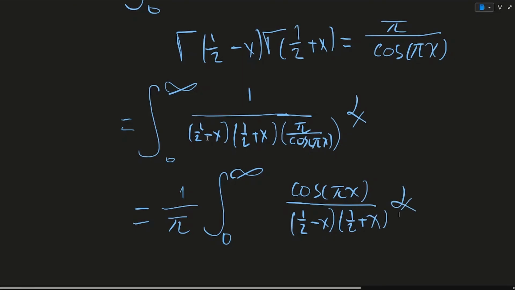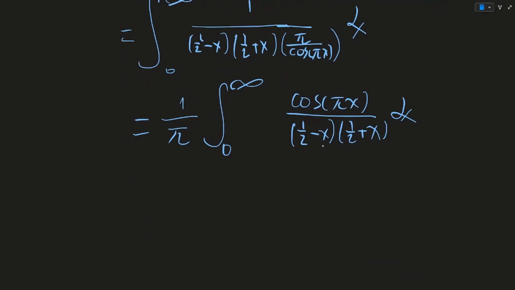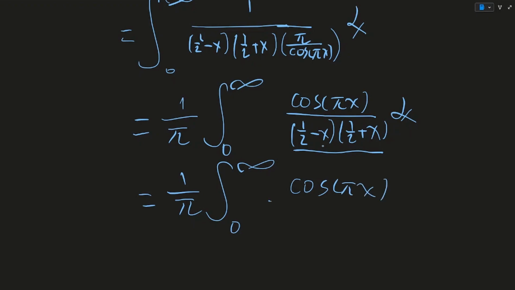And we can use the difference of squares property to simplify this expression below, because we know that if this is our a and this is our b, this simplifies to a squared minus b squared. So we are simply left with 1 over pi times the integral from 0 to infinity of cosine of pi times x over 1/4 minus x squared with respect to x.